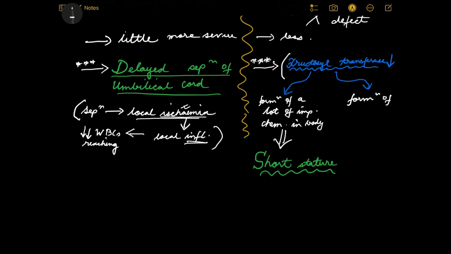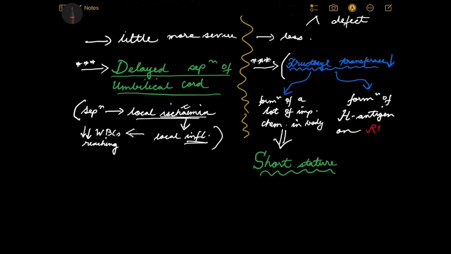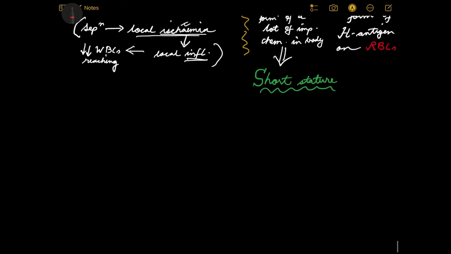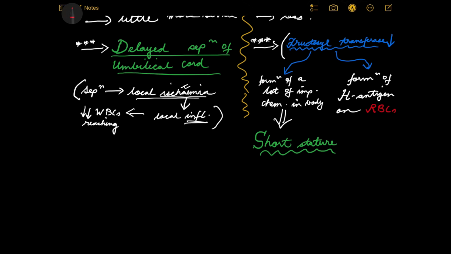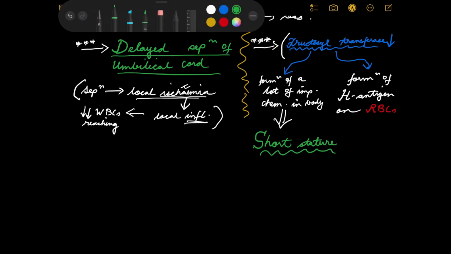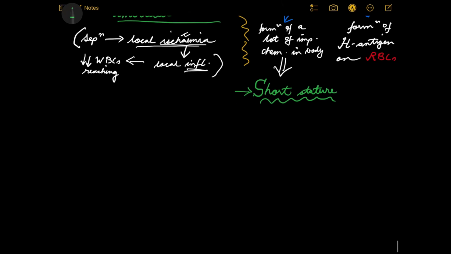of H antigen on RBCs, erythrocytes. What does this mean? See, this short stature, by the way, is a clinical picture for differentiating between LAD1 and LAD2. But what does H antigen mean?